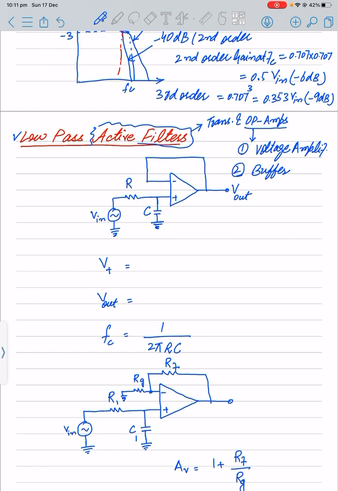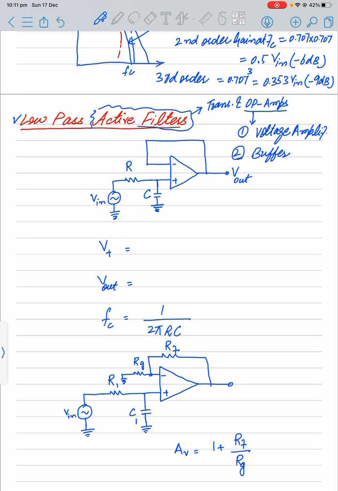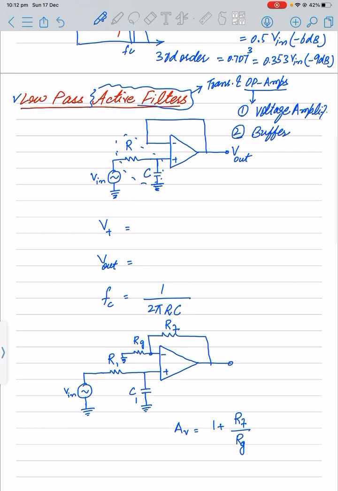For the low pass active filter, we will have an operational amplifier acting as the active device, and then we will have the same passive RC network that was in the case of our passive low pass, that is the series circuit of the resistor and the capacitor. We are applying an input voltage signal at the input terminal, the non-inverting terminal of our operational amplifier.